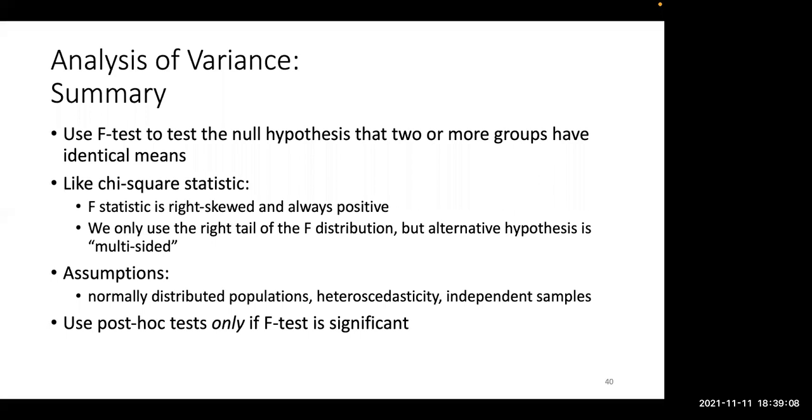And you assume normally distributed populations, homoscedasticity, meaning that variances may be different, but not beyond a certain factor, which is 2. And you have independent samples. And you use post-hoc tests only if the F is significant. Good. So that was the theoretical part of today's class, with 20 more minutes for the coding.